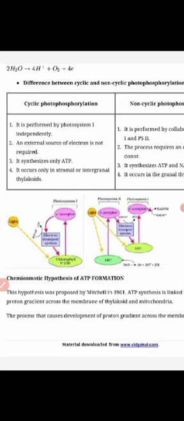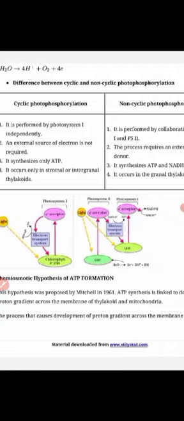Intergranal thylakoid means lamella. So PS2 is found only in grana, while in stroma lamella only PS1 is found, where the synthesis of ATP takes place.